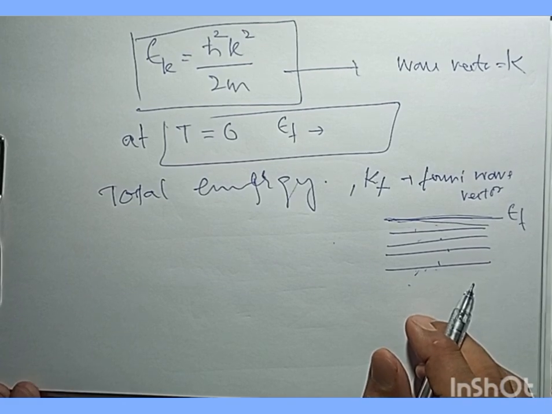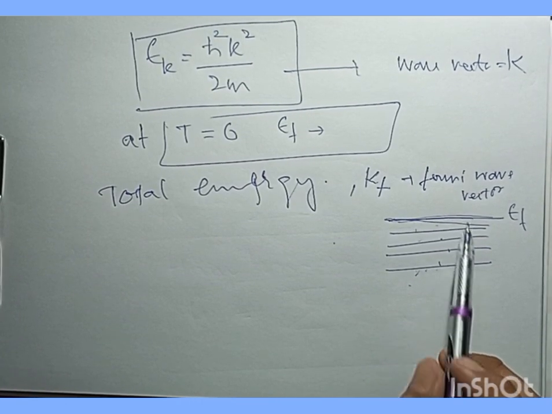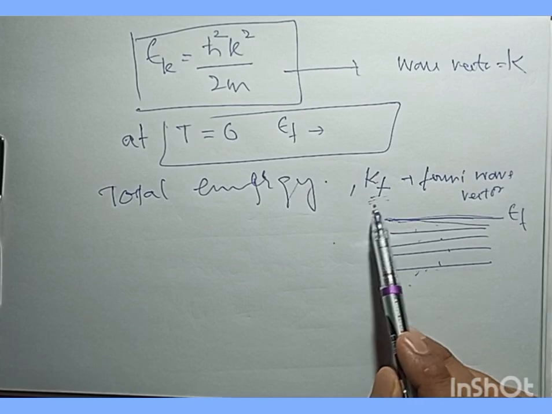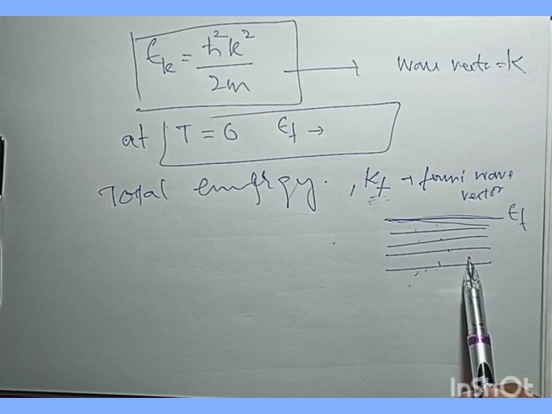This is what defines the boundary of the occupied states in momentum space.